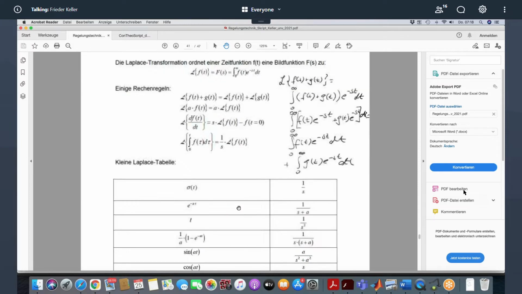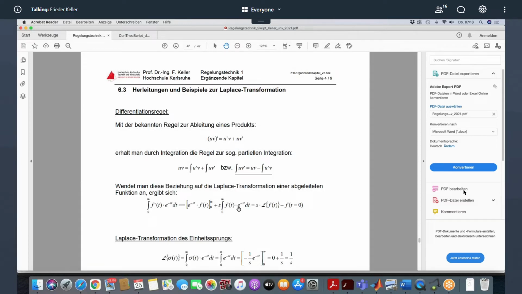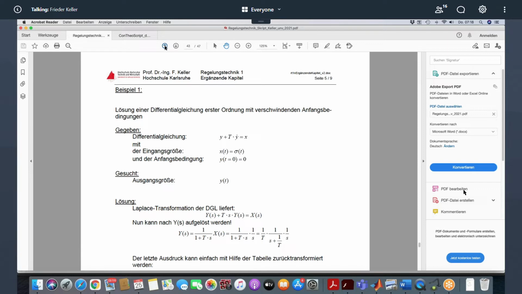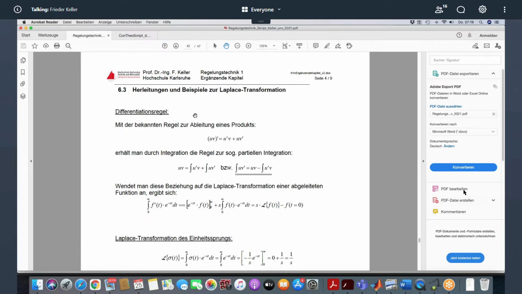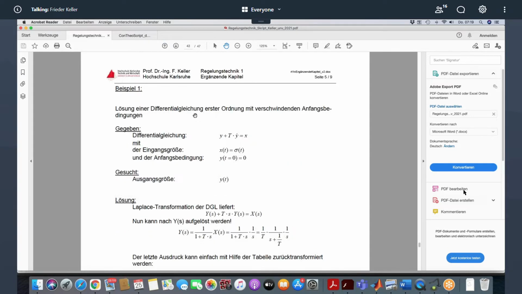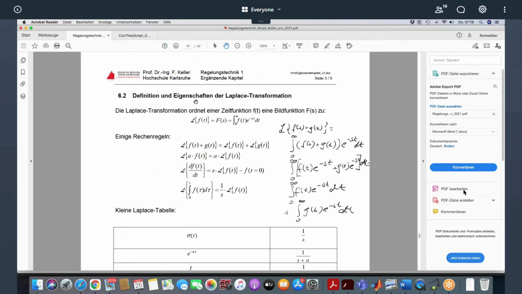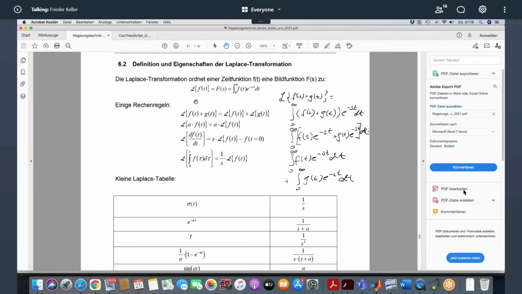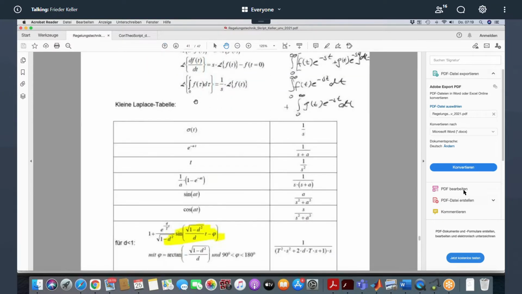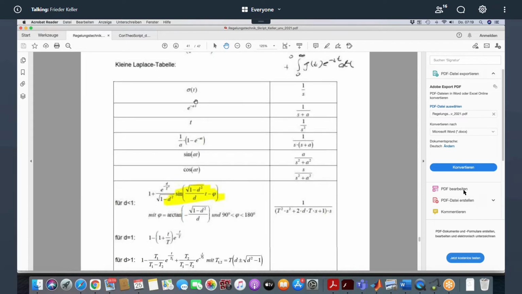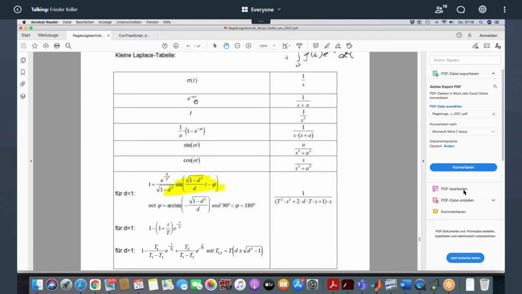There is a small Laplace table added also here, and it covers a little bit more than those things we have done.